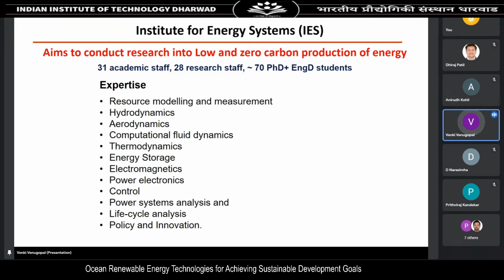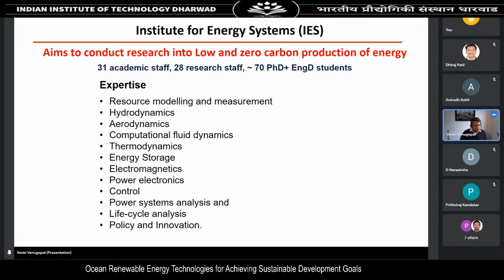We have 31 academic staff, consisting of Chancellor's Fellows, lecturers, senior lecturers, readers, and professors. And we have 28 postdocs, maybe more than that. The last time I counted it was 28. Now it would be more than 30. And about 70 PhD students and engineering doctorate students.